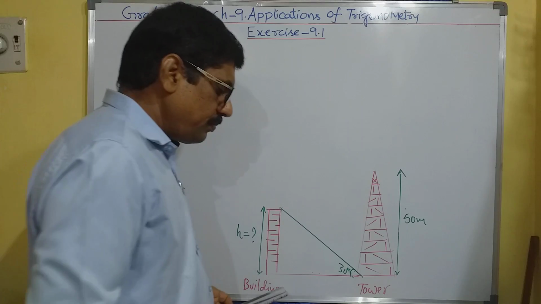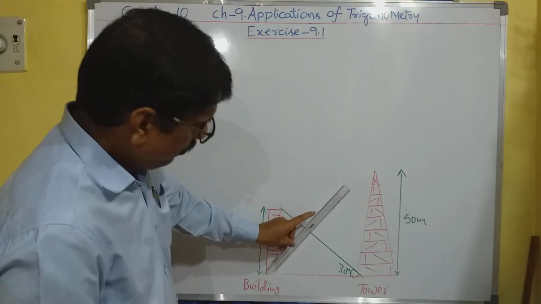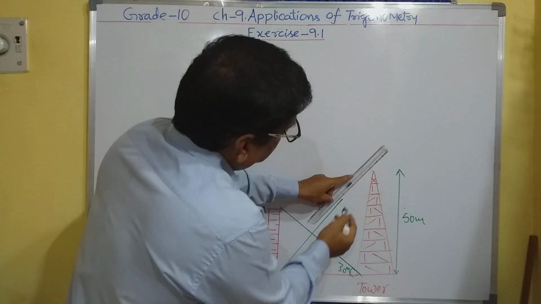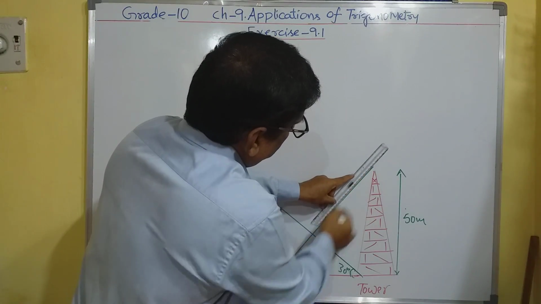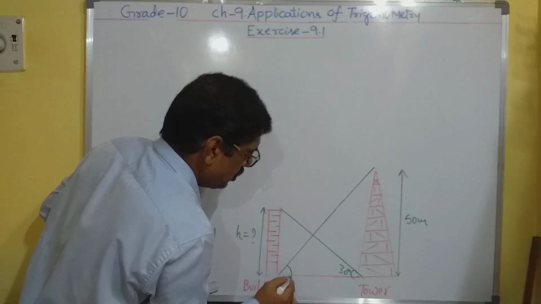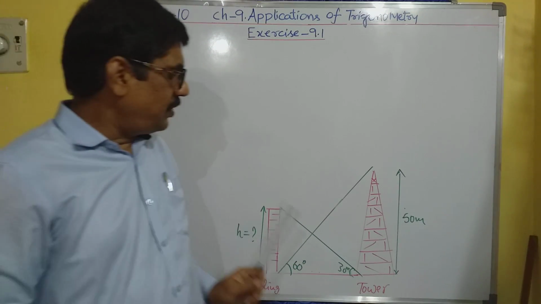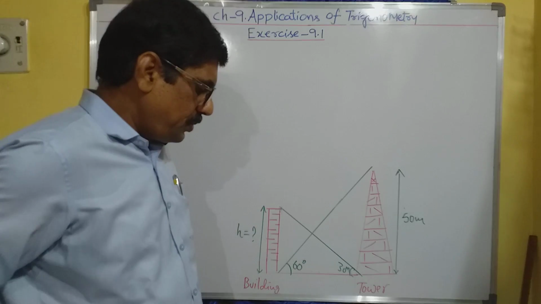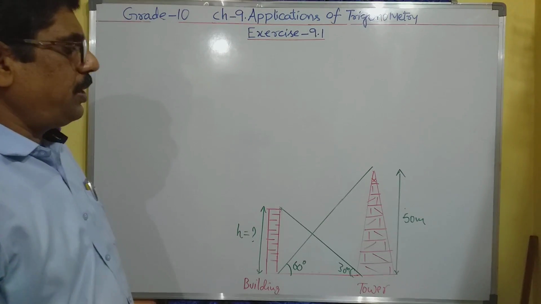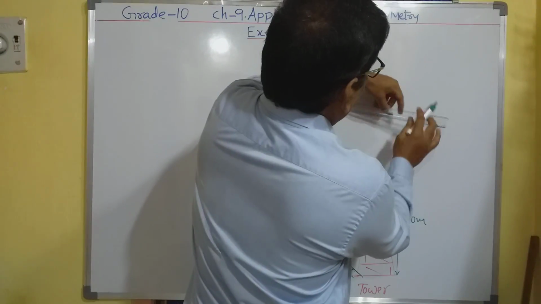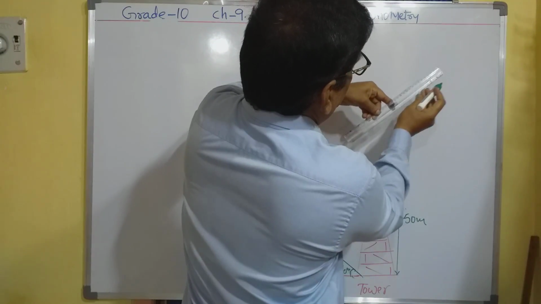And in the same way, if you observe the top of the tower from the foot of the building, the angle of elevation is 60 degrees. Okay, this is the information from the problem. We need to find the height of the building. Okay, let us draw the geometric picture for the information he has given.